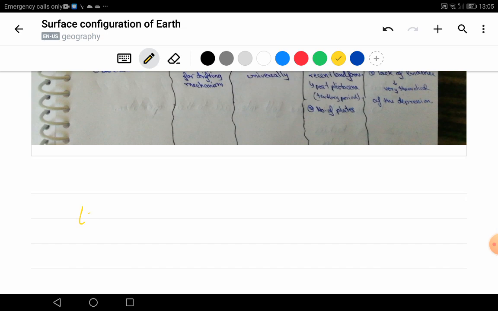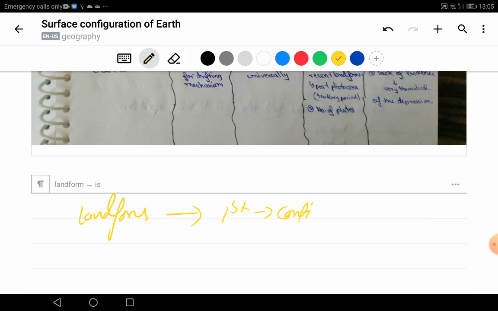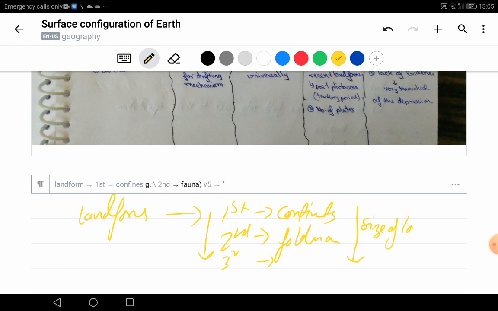There are orders in landforms also. First order means the continents, second order means fold mountains. As we go down the order, the size of the landform decreases.